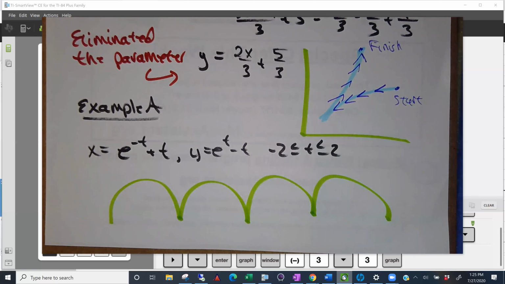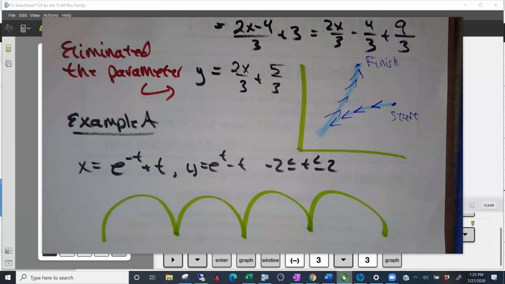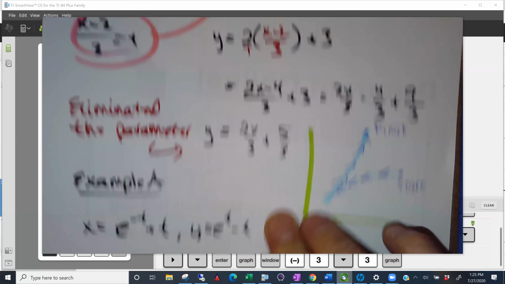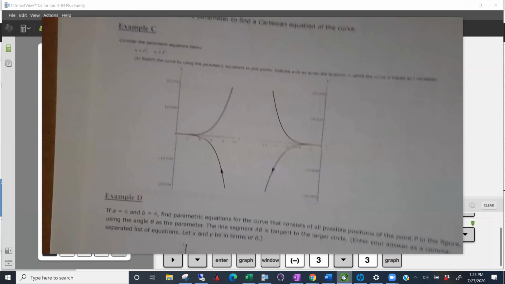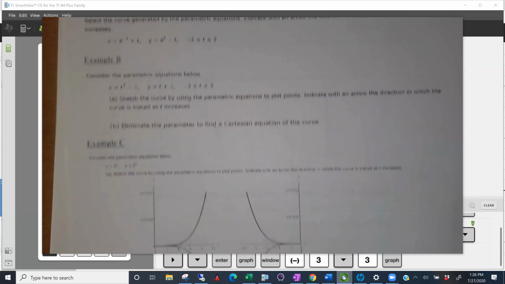All right, well, let's do another one in which we show the orientation. And this time we're going to do a little bit more. So I'm going to try and keep on adding little things here to help you out. So this one's example B. And again, that's on your sheet.